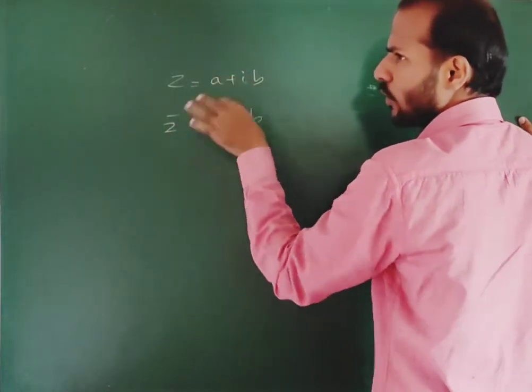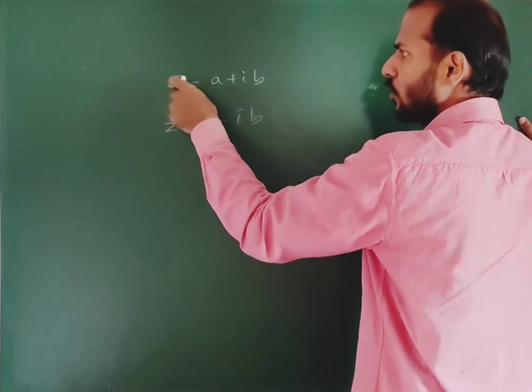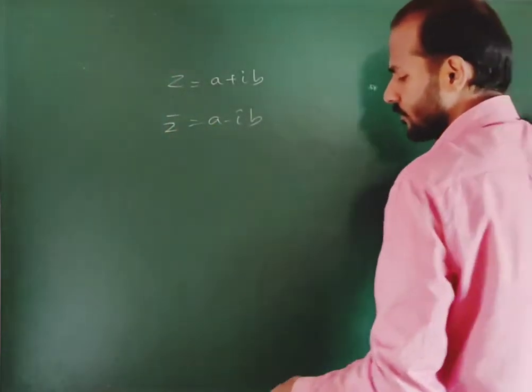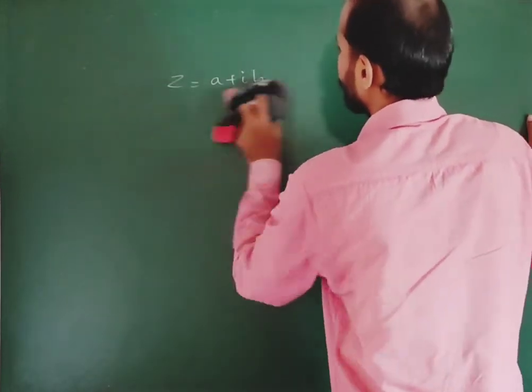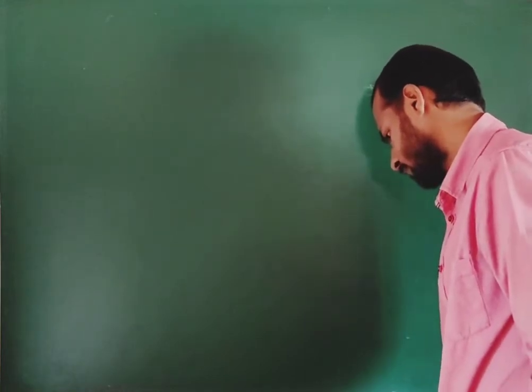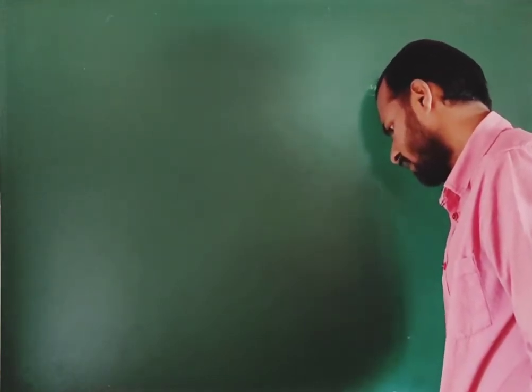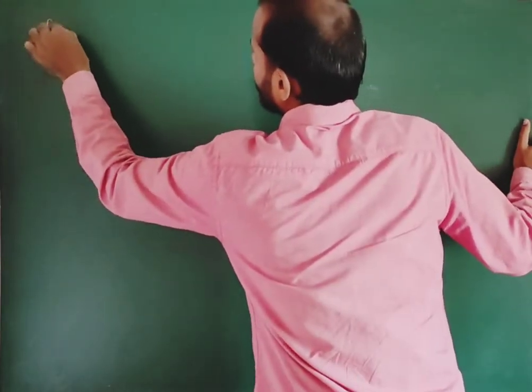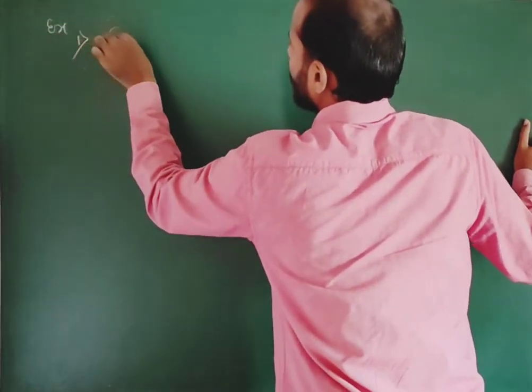Both are conjugate to each other. z bar is conjugate to z and z is conjugate to z bar, right? Now we will see the examples one by one. First example.